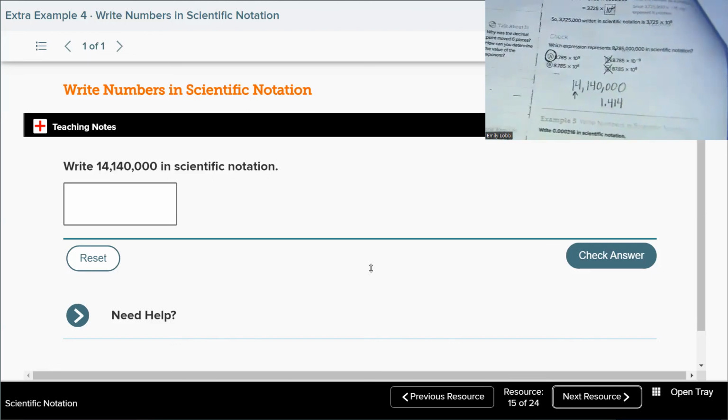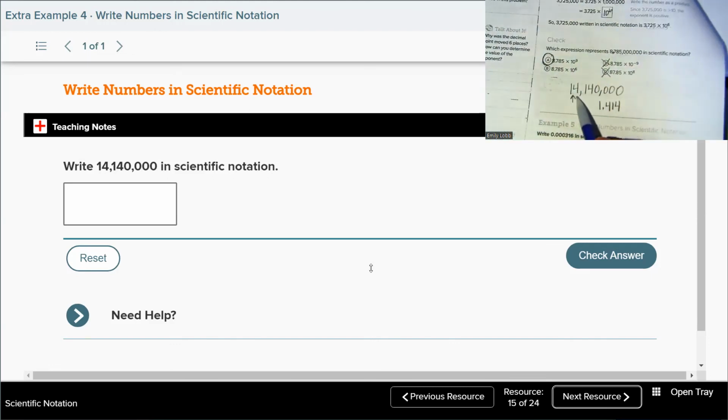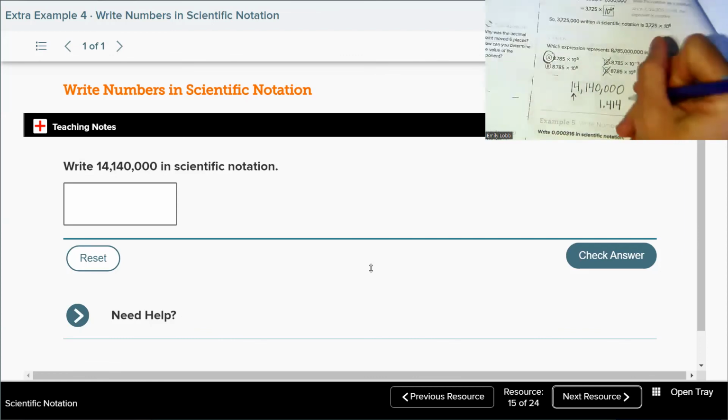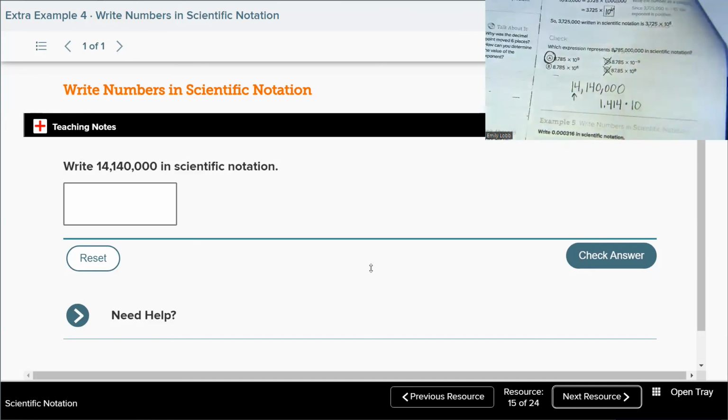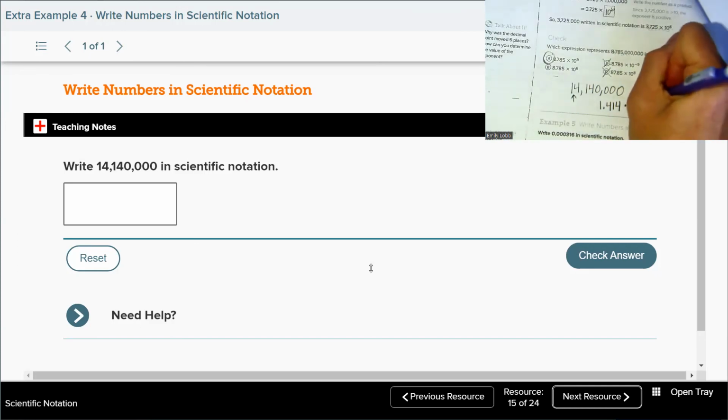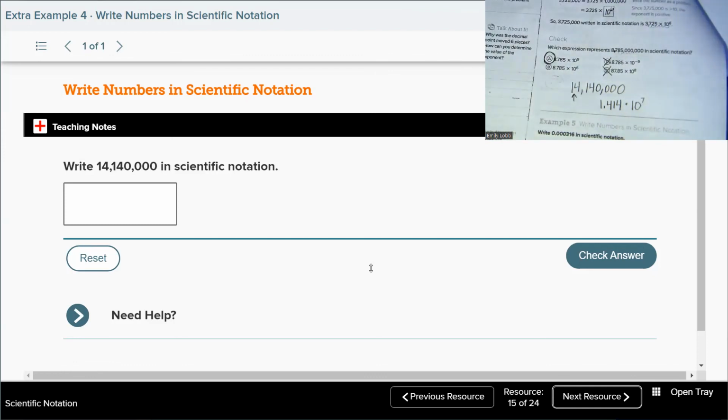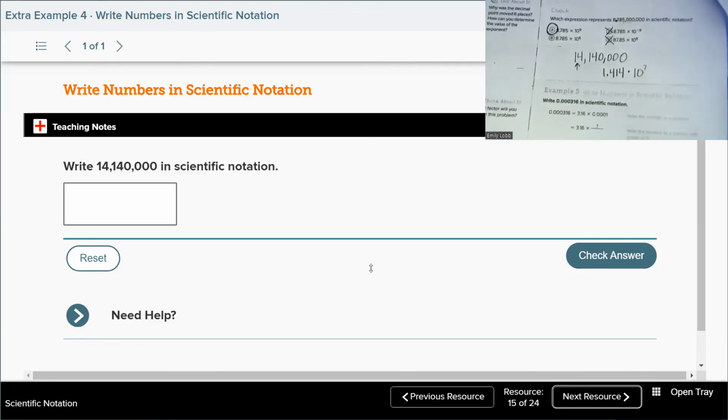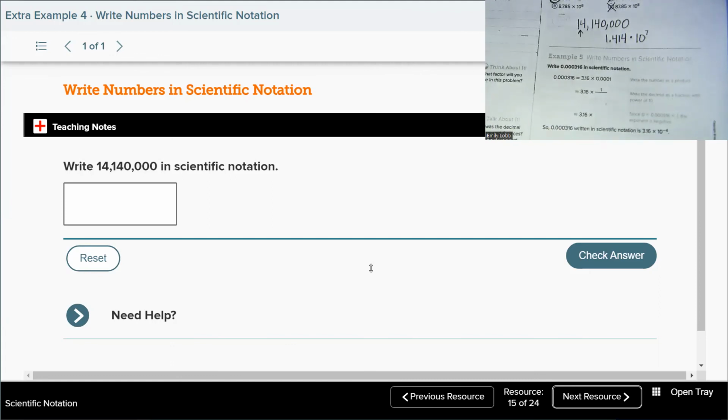Now, how many places would I move it? I'd move it 1, 2, 3, 4, 5, 6, 7. So times 10 to what? Not negative, positive 7. All right, so tomorrow we'll look at the other way in reverse, because we're going to be having numbers between 0 and 1.